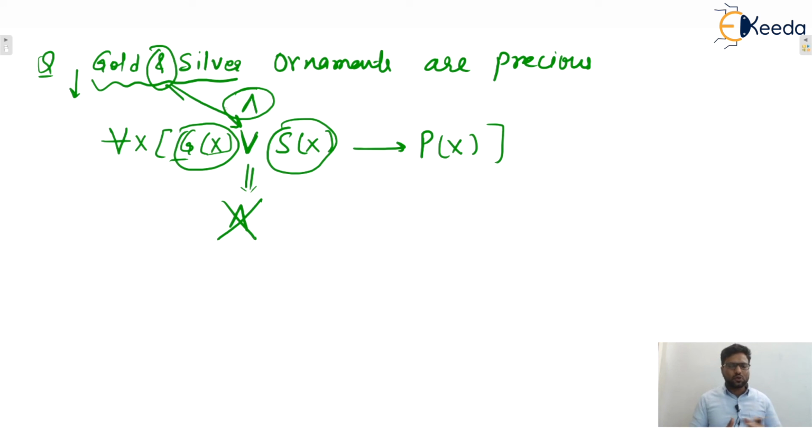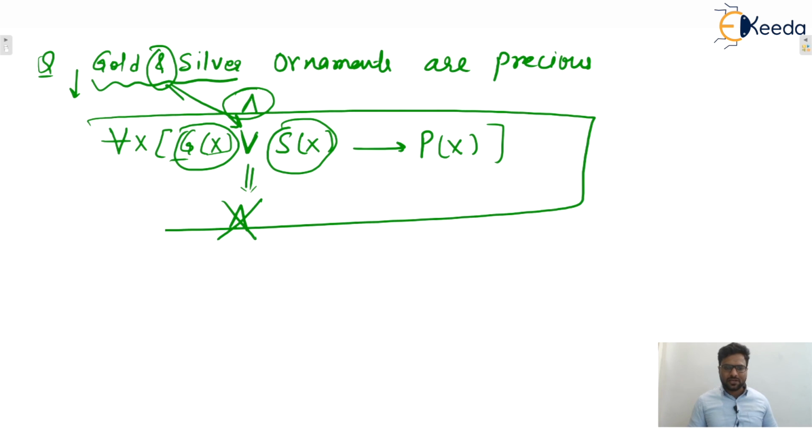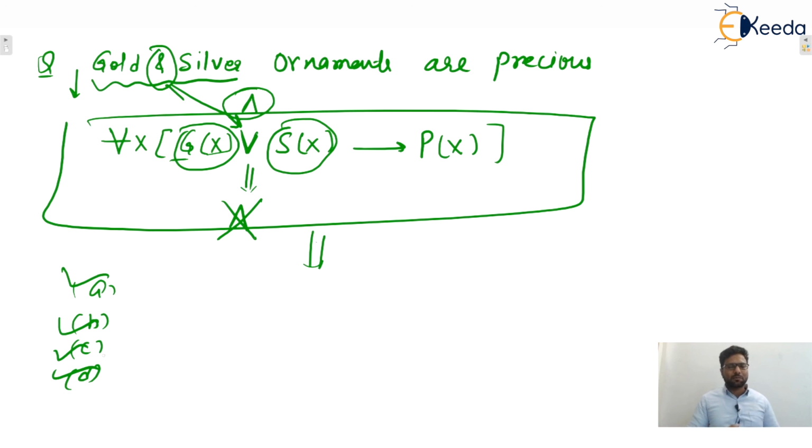Okay. So that's all about the conversion. Conversely, if this statement is given to you and four options are there, what will be the equivalent English statement? You can easily identify. And whenever an English statement is given to you, you can easily convert it into a logical statement.